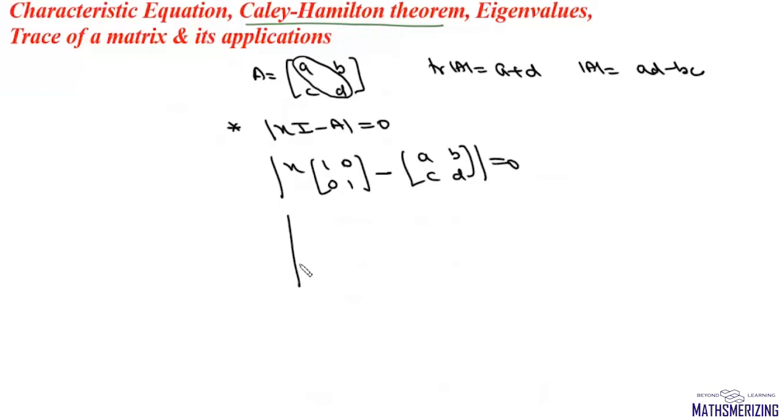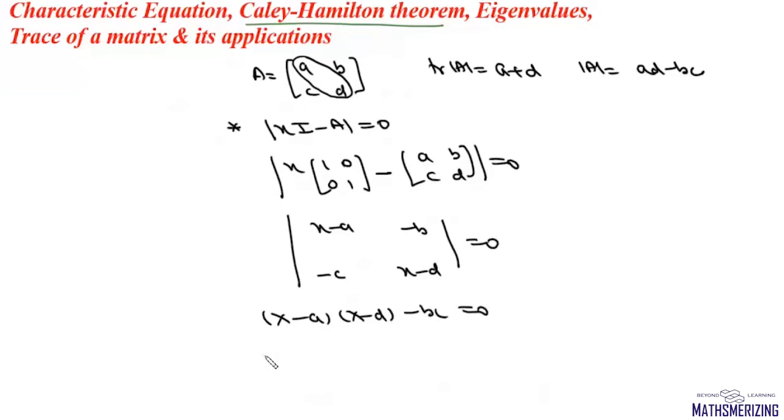We can write this as the determinant of x minus a, minus b, minus c, x minus d, and it will be equal to 0. So we can write this equation as (x minus a)(x minus d) minus bc equals 0. So this equation will be x square minus (a plus d)x plus ad minus bc equals 0.